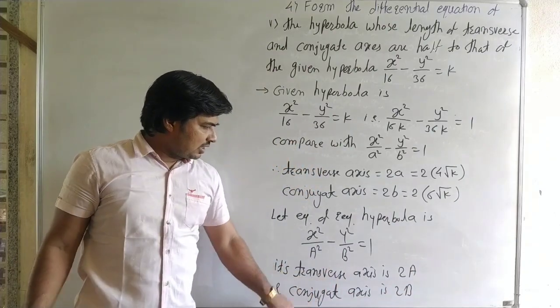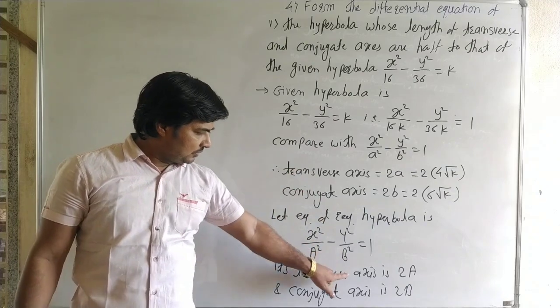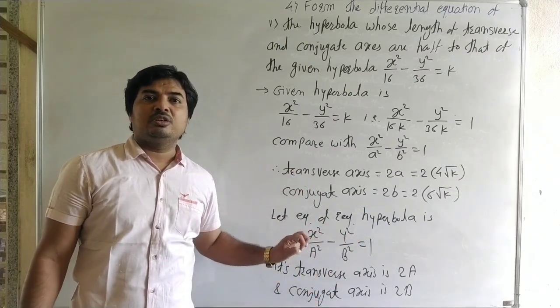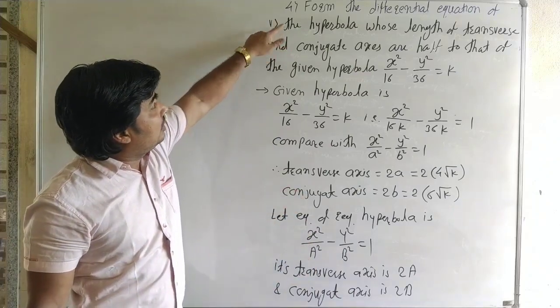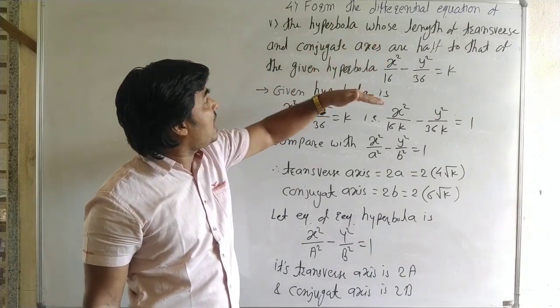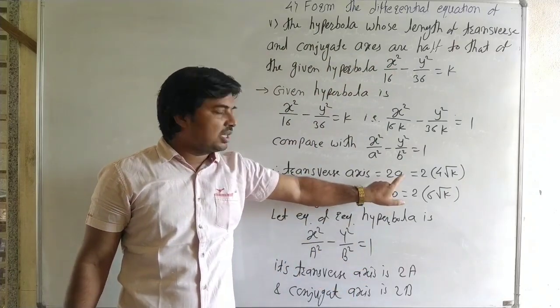But it is given that the lengths of transverse and conjugate axes are half of the given hyperbola. That means it is half of this hyperbola.